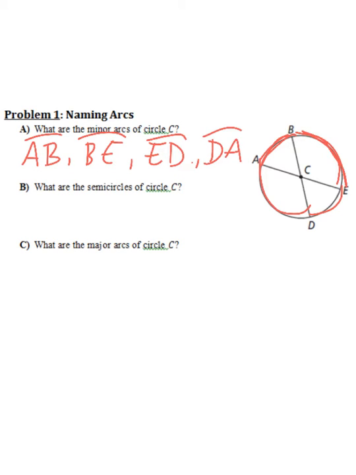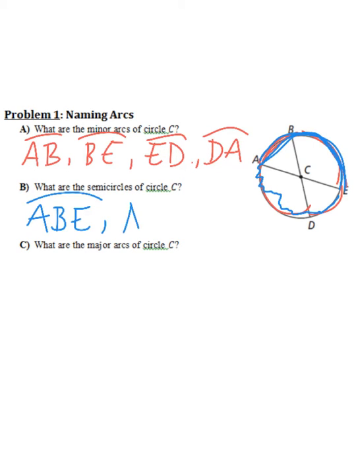For the semicircles, now we have to find the ones that go halfway around the circle. So if I start at A, I could get halfway around the circle and I would stop at E. Now for semicircles, we have to label them with 3 points. So I could say A, B, E. What I could also do is go the other way around the circle. So if I went this way from A to E to get my semicircle, that would be a different semicircle.